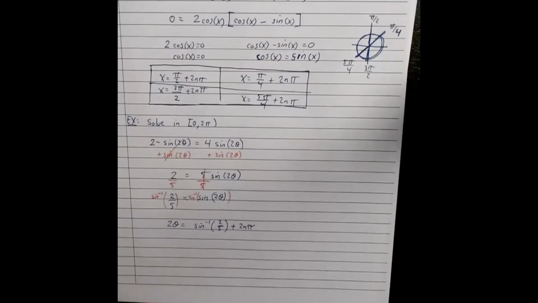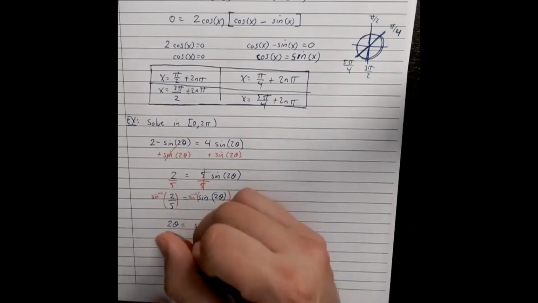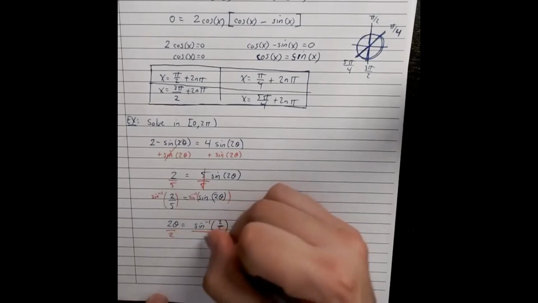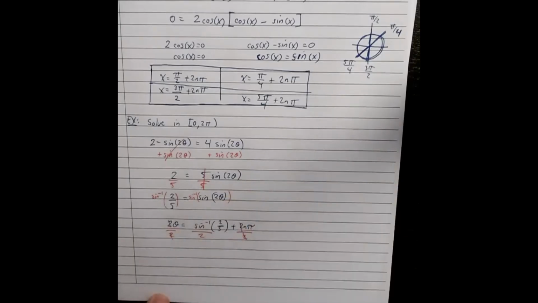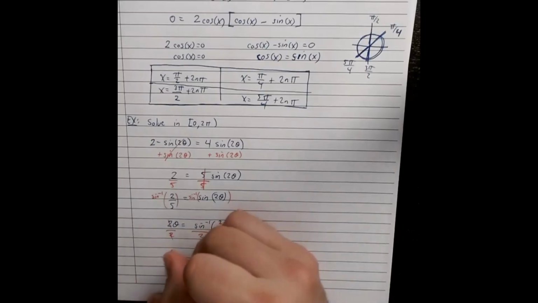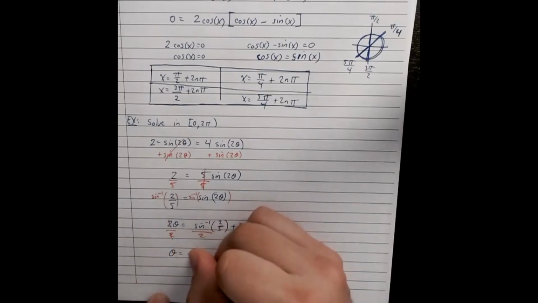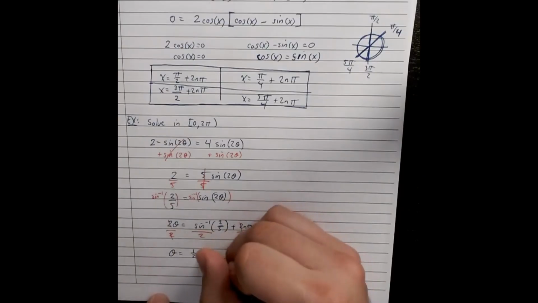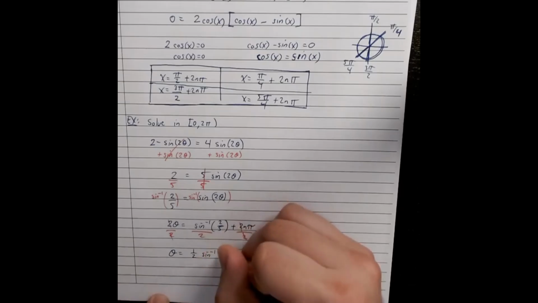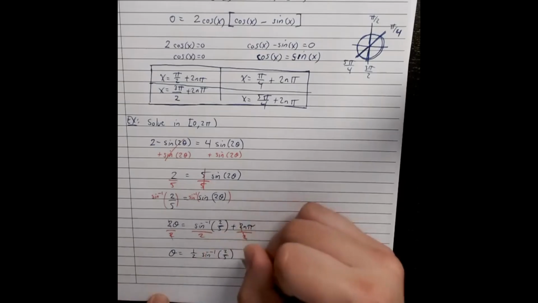And now I can go ahead and divide both sides by 2. So this will give me theta is equal to 1/2 times the sine inverse of 2/5 plus the 2's are gone, so that's n pi.